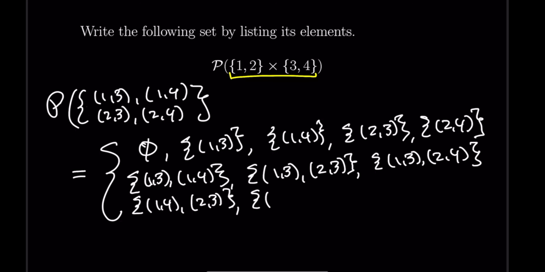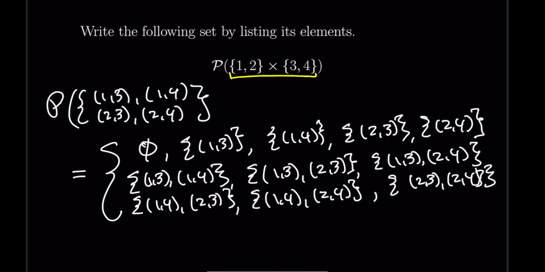The set containing 1, 4, and 2, 4. And I believe we have one more set with 2 elements: the set containing the ordered pairs 2, 3, and 2, 4. Okay, so we've got 1, 2, 3, 4, 5, 6, 7, 8, 9, 10, 11 elements so far.